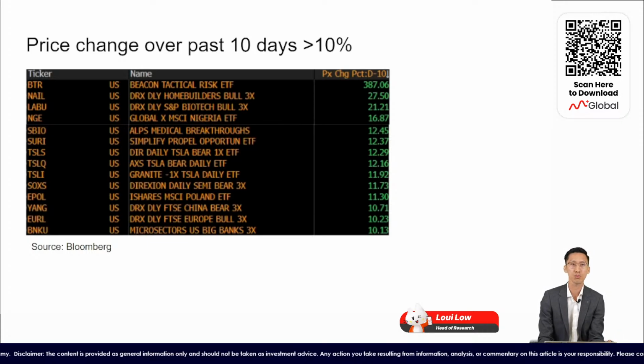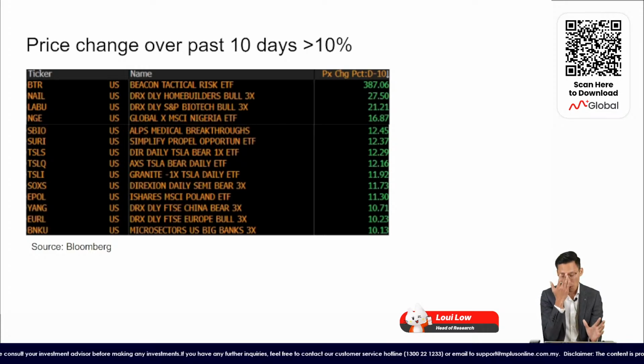This is the list of ETFs that have been going up more than 10% over the past 10 trading days, despite the market being in a quite sideways ranging mode, be it the Dow Jones, the S&P 500, or the Nasdaq index. So these are some of the ETFs that you can look at. Some names are there, some Tesla, some of this biotech bull.